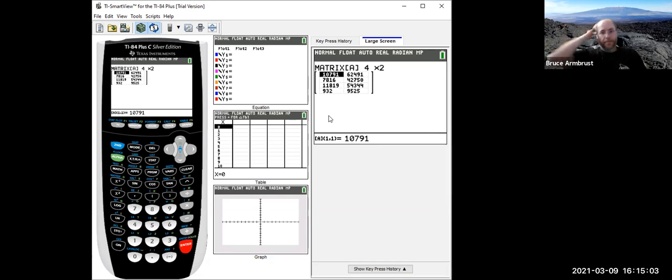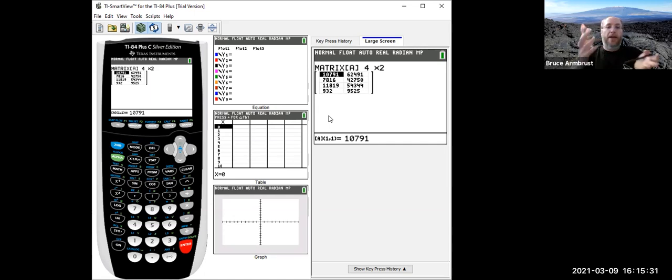All right. So there is all the information that we already had. And by the way, all you got to do is hit enter and it moves you to the next one. So it moves across the row. And once you get to the end of the row, it drops you down to the next row, go across and so on. So it can be pretty fast. Just keep hitting enter every time you put one of them in.